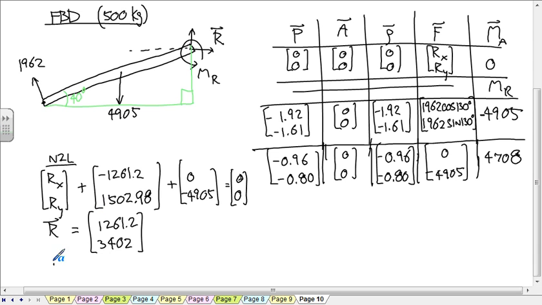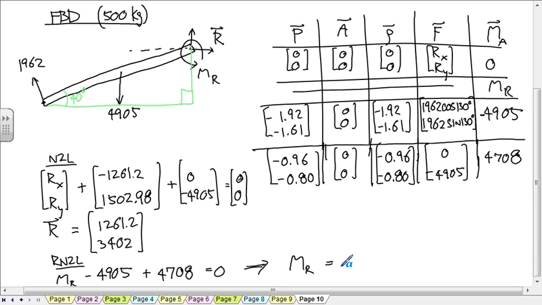Okay, and then the rotational equation says MR minus 4905 plus 4708 is equal to 0. I think that seems right, doesn't it?